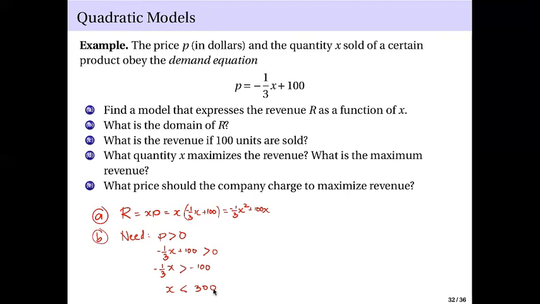Therefore, for letter B, the domain of your revenue is just from 0 to 300.